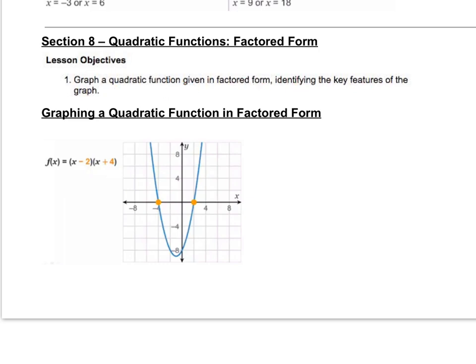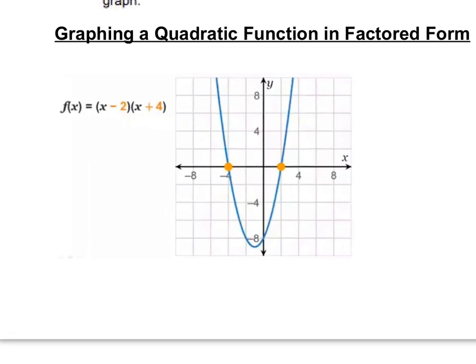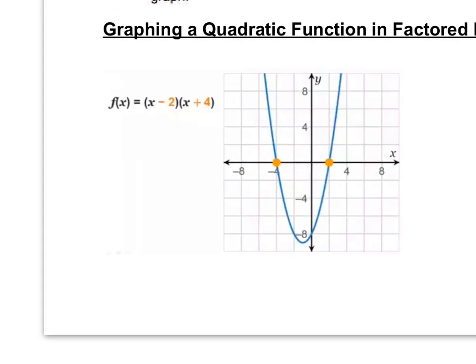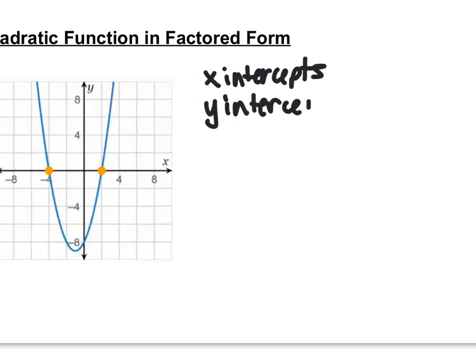The first thing I want to talk about is that when you are in factored form, we can easily find the x-intercepts. Let's think of a few things that we need. We need the x-intercepts, we need the y-intercept, and then we need the vertex.